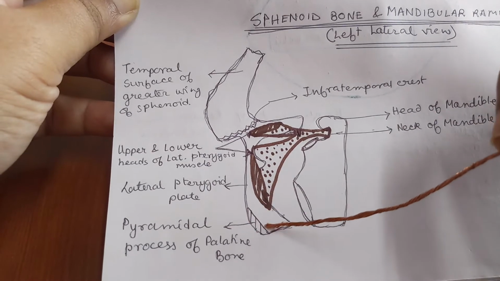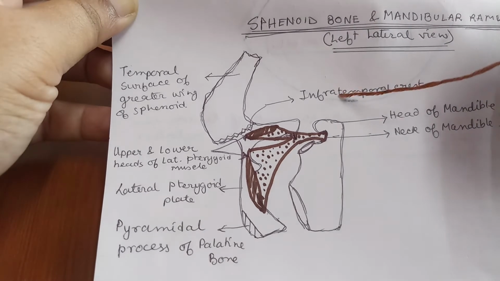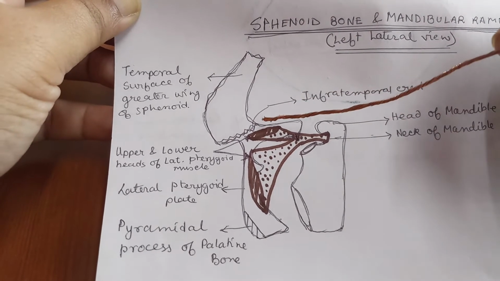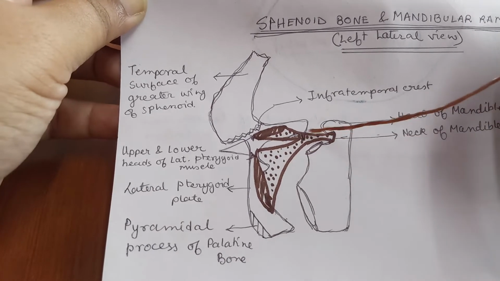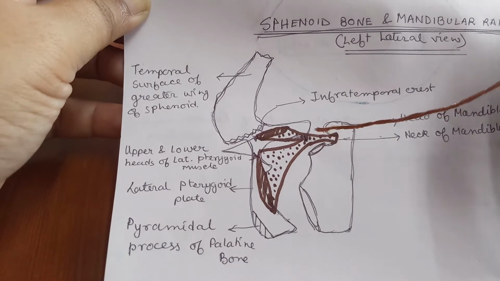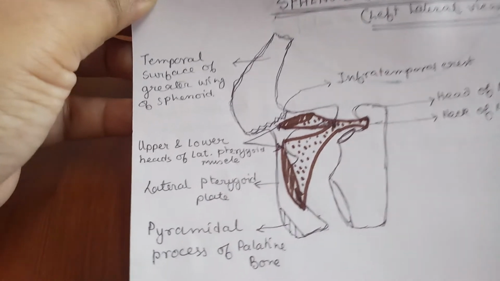And here is the articulation of the pyramidal process of the palatine. So this is a left lateral view that we are seeing of the lateral pterygoid plate and the attachment of this pterygoid muscle from the mandible, as also we are seeing it on the sphenoid bone.